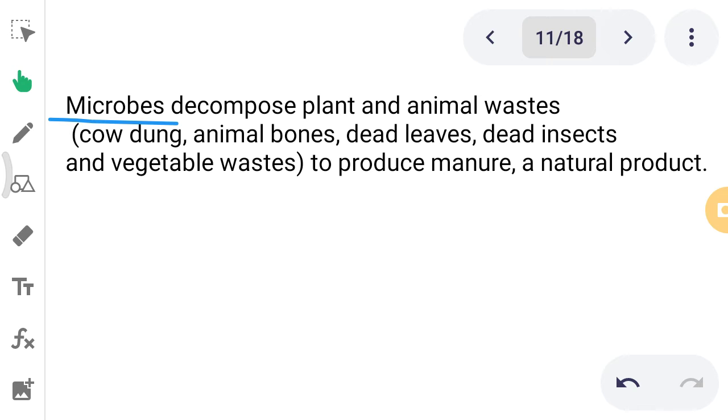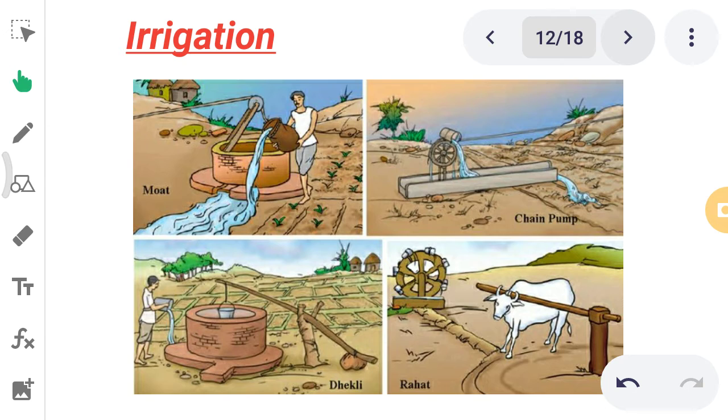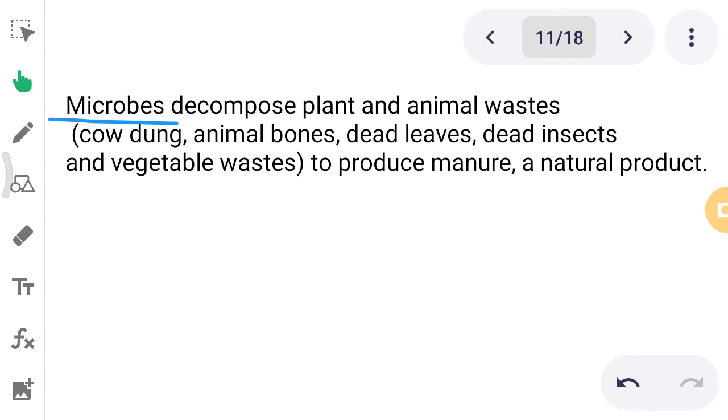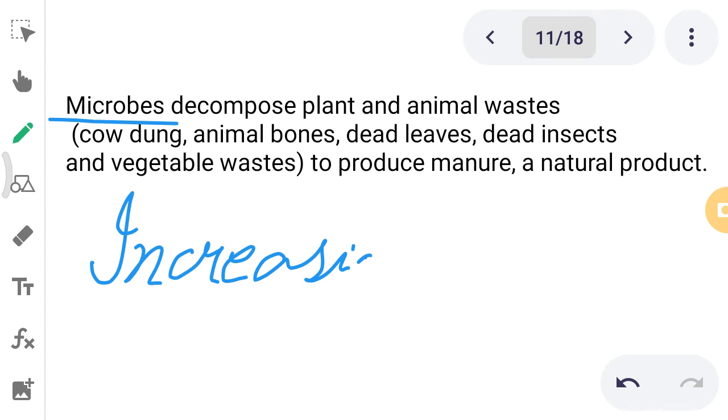So now you must be wondering why we are using the chemical fertilizers, although we have natural fertilizers such as manure. But due to the increasing population, this is the main reason you have to write in your exam.